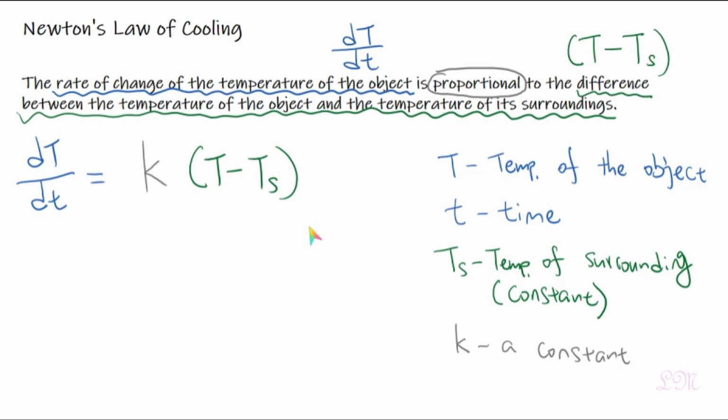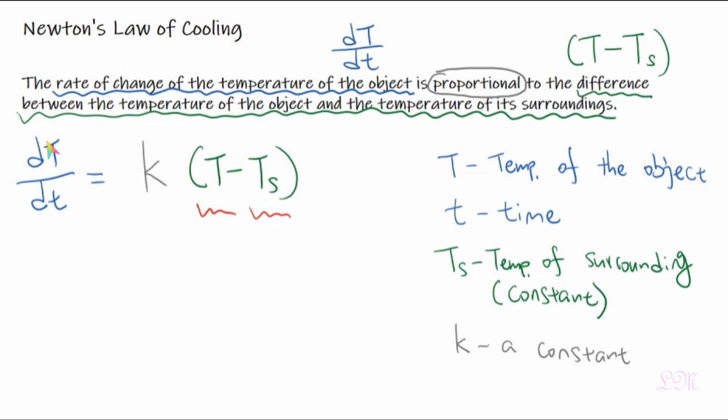Before we solve the differential equation, let's take a good look at it. It should make sense. This differential equation is telling us that when T, the temperature of the object, is close to T sub s, the temperature of the surroundings, which means this difference, T minus T sub s, is close to 0, then dT over dt, the rate of change of the temperature of the object, is equal to k, the constant, times a number that's really close to 0.